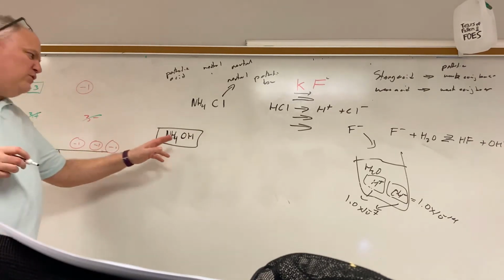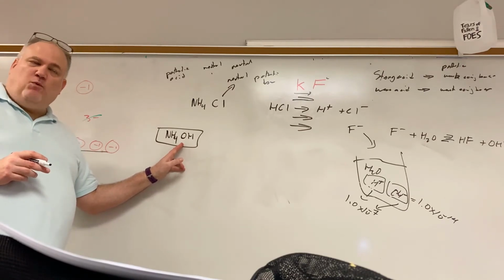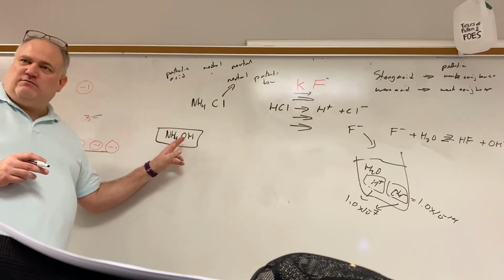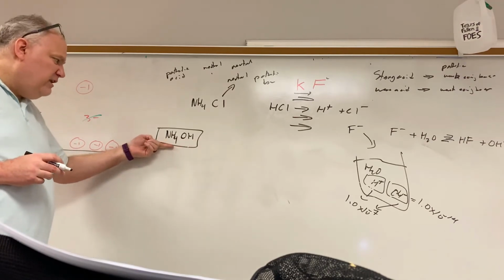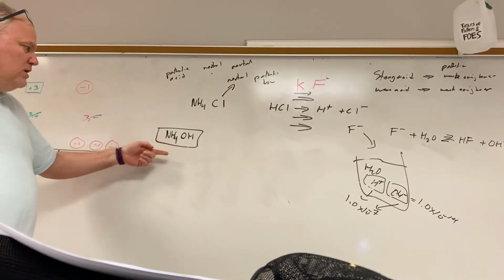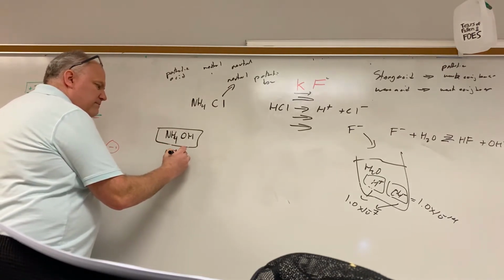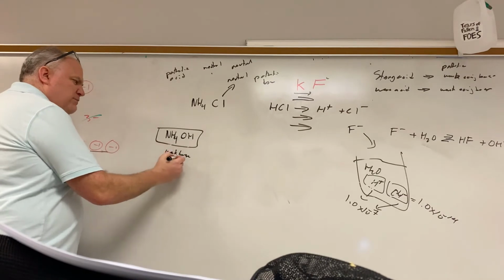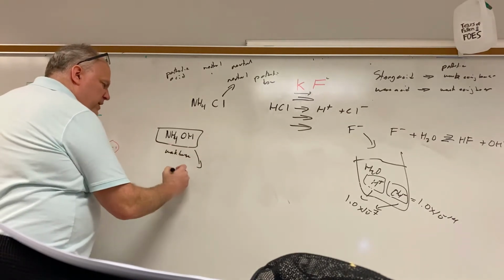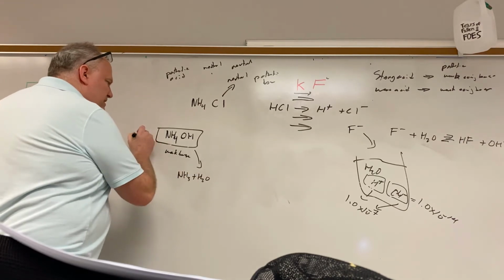I know that the only strong bases are group 1 with OH plus the Ca, Sr, Ba pairs. Is NH4 part of group 1 or those pairs? No. So wouldn't this be a weak base? By the way, super fun fact, NH4OH really is NH3 plus H2O. You will never see this written.